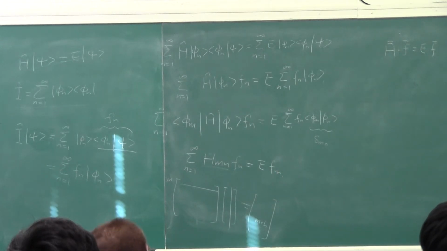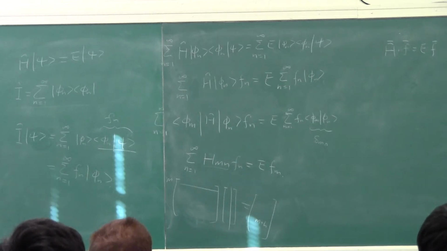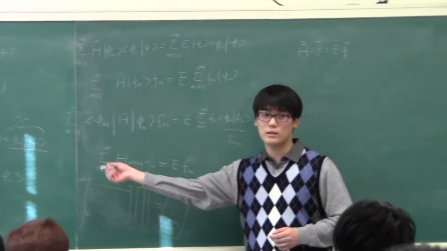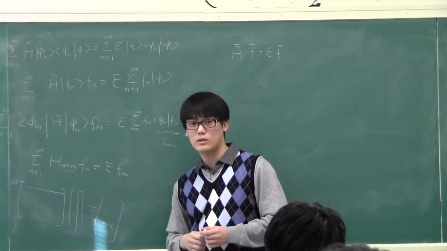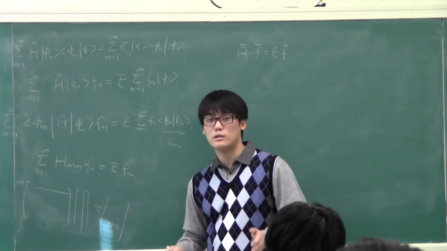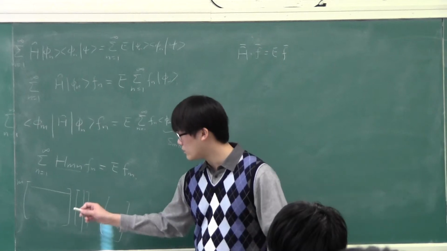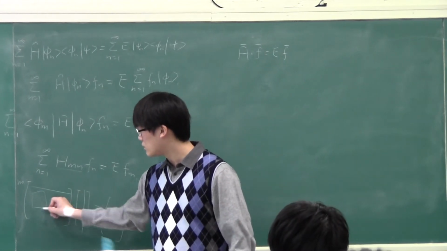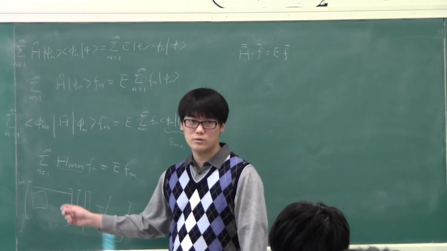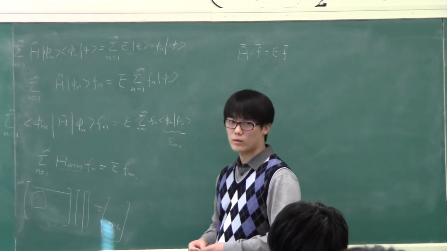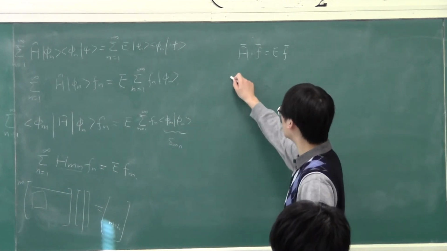So we must use a subspace. We must truncate this summation, saying that for what we care about, maybe only certain energy values, only certain blocks of this are important. So I'll just do everything in that block. This is the subspace projection.